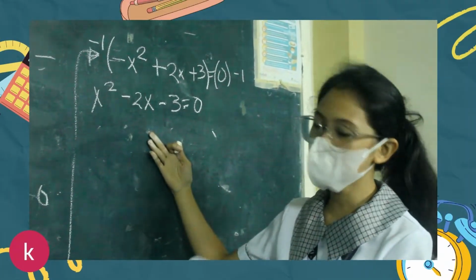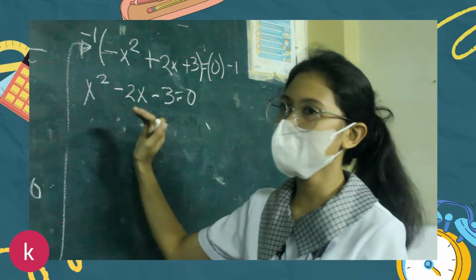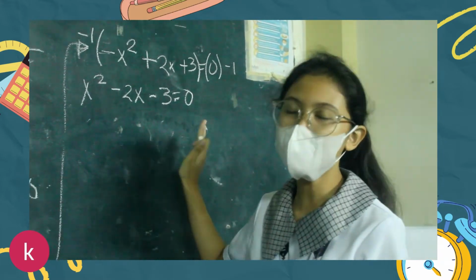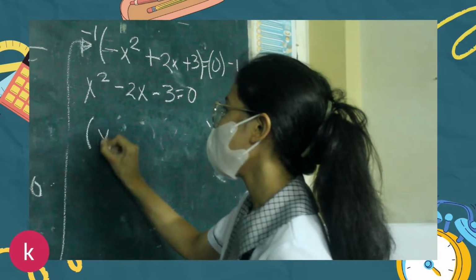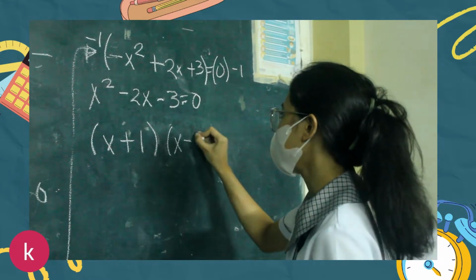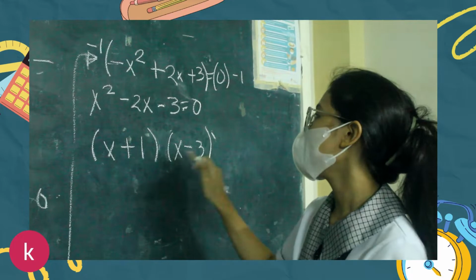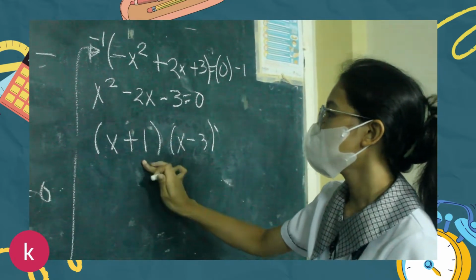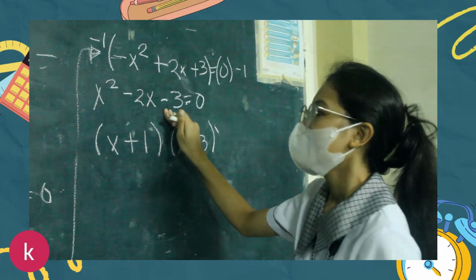Now we have this equation, and our next step is that we factor this trinomial, and we have the factors x plus 1 and x minus 3. So 1 minus 3 is equal to negative 2, which is the middle term, and 1 times negative 3 is equal to negative 3.